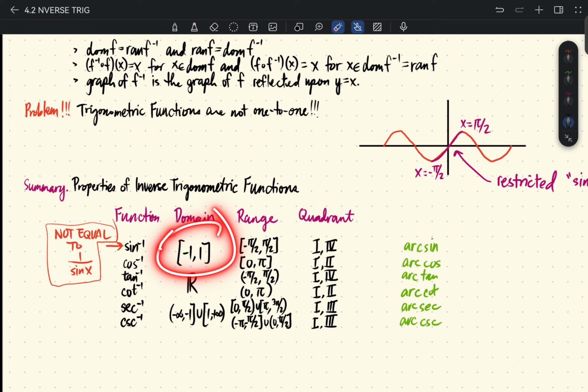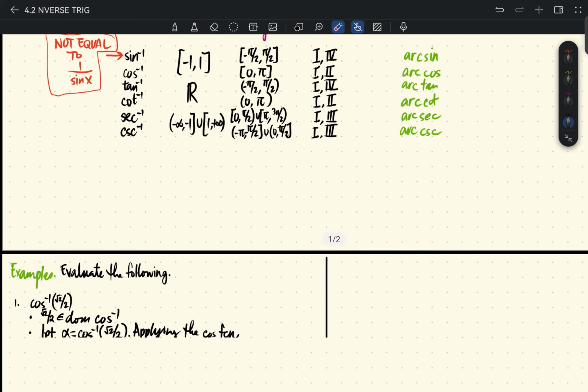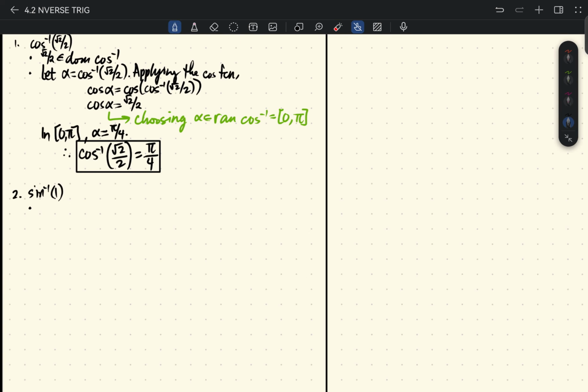And clearly 1 is inside this interval, since as you can see here, we are including 1. So we know that 1 is in the domain of sine inverse, and so we can let alpha be equal to sine inverse of 1.